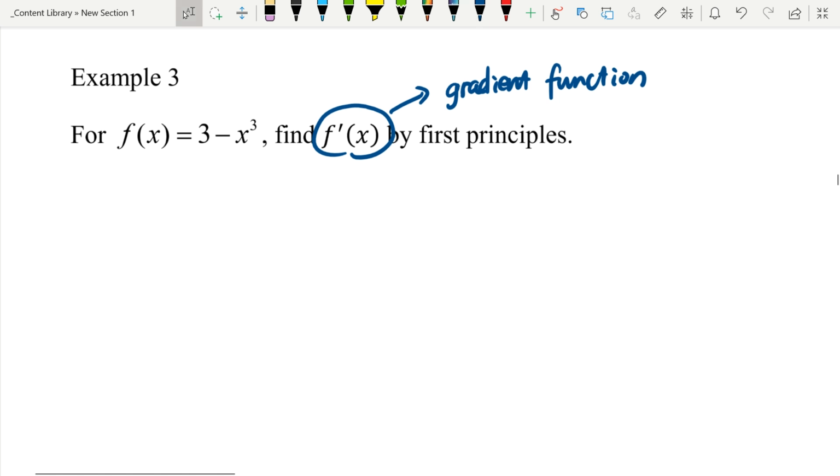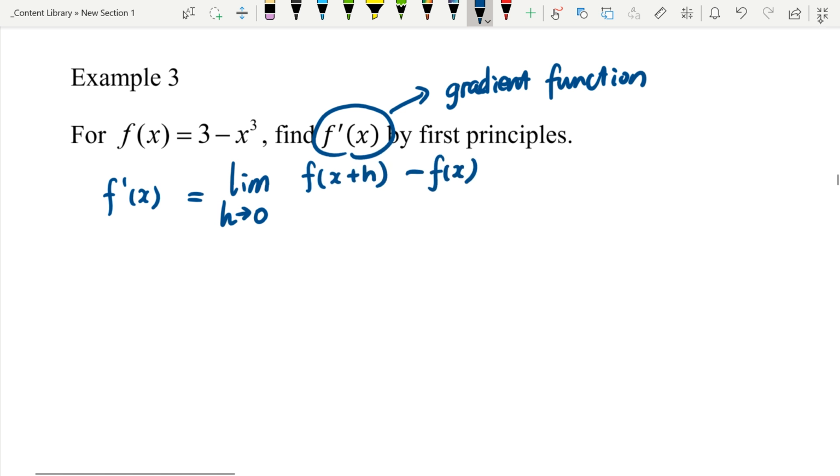So when you see those two words, first principles, the first thing you write is this formula. f dash x equals the limit as h approaches 0 of f(x plus h) minus f(x), over h. You don't need to think about anything. That's the first thing. That's first principle. This formula is first principle. And now, using different functions, different rules of f(x), we sub things in. Yes?